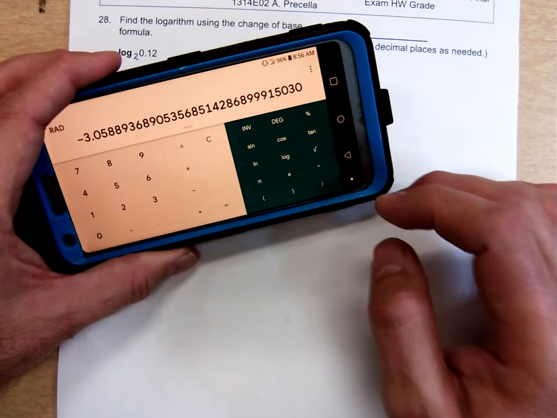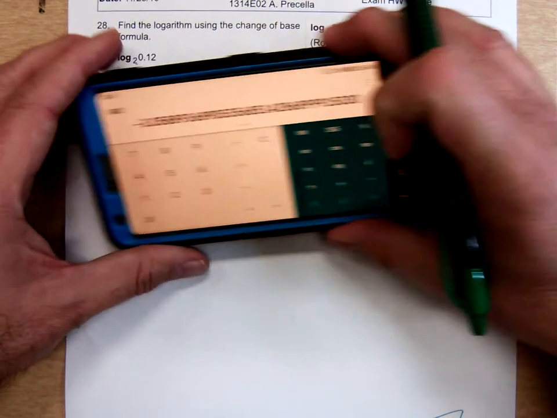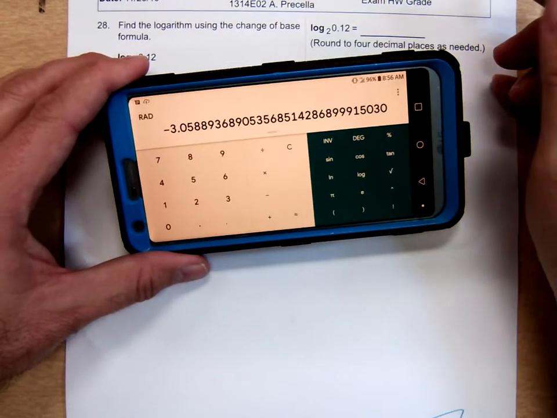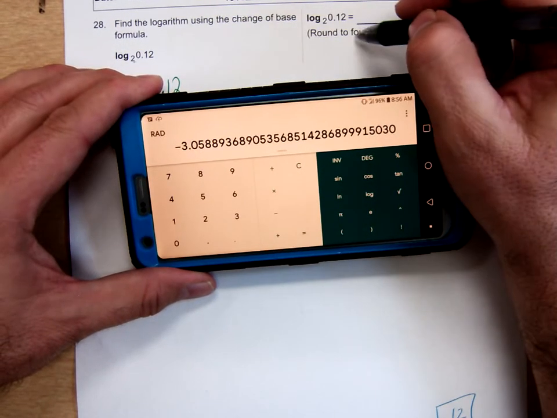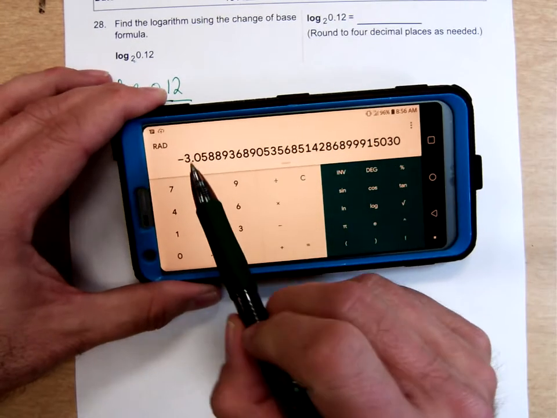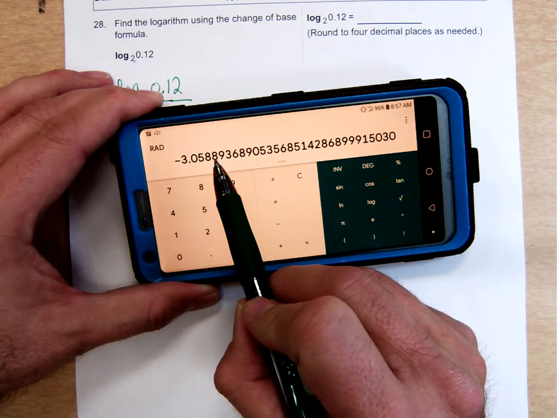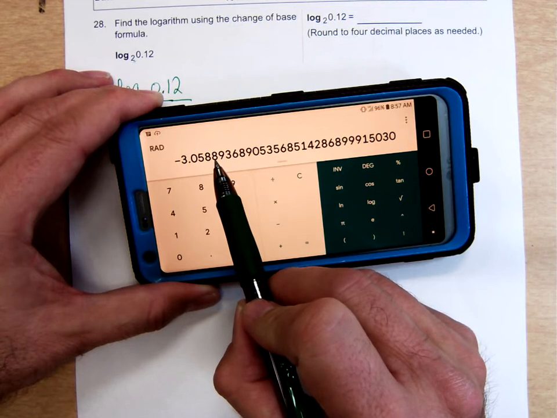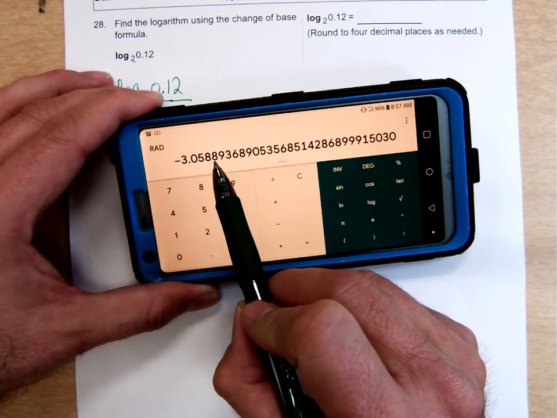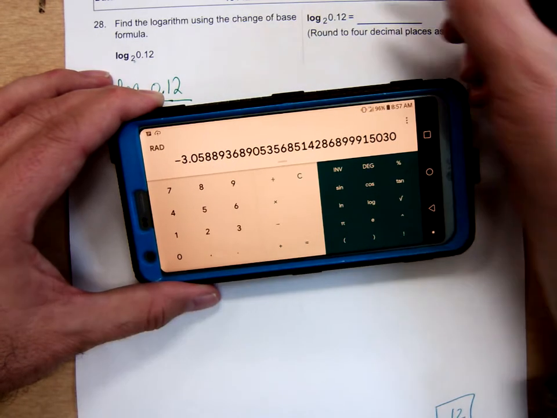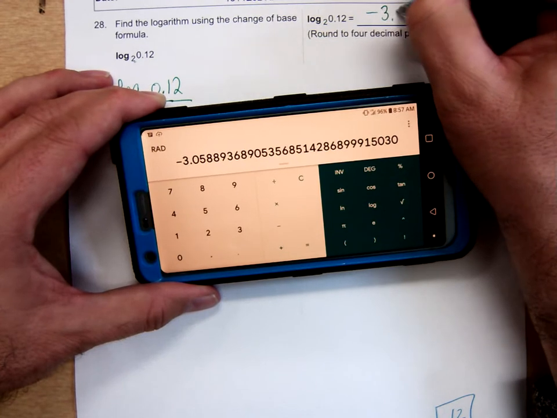Oh, negative 3.0. How are we told to round this? To 4 decimal places? So can you see that? Let's see. 1, 2, 3, 4. So that second 8 is the 4th place. Am I going to leave that as an 8 or do I round it up to a 9? A 9? So negative 3.0589.